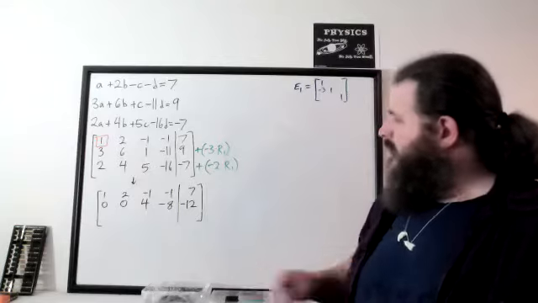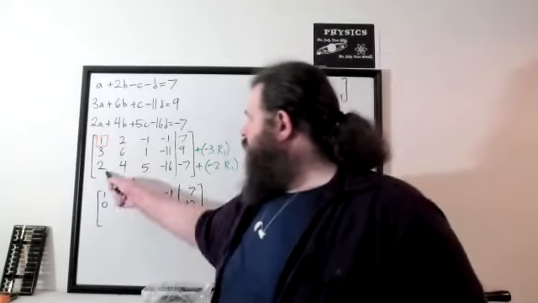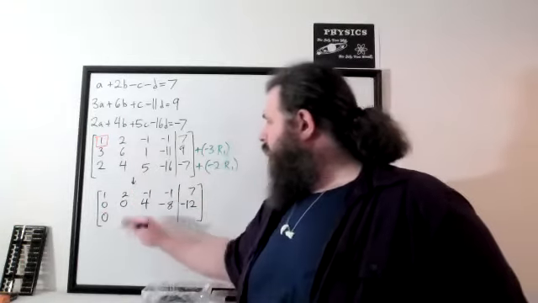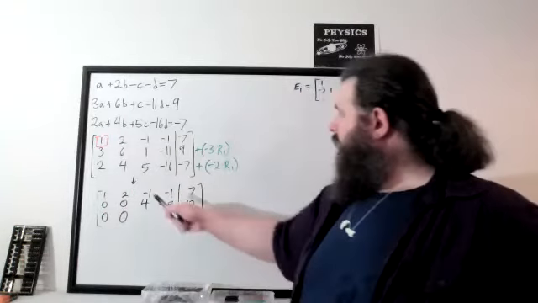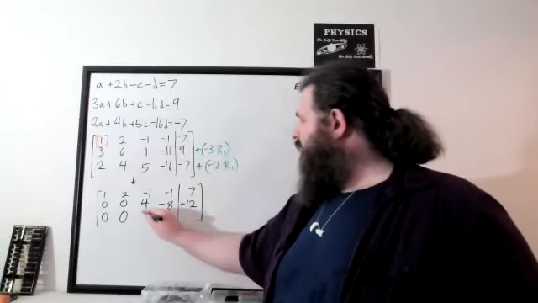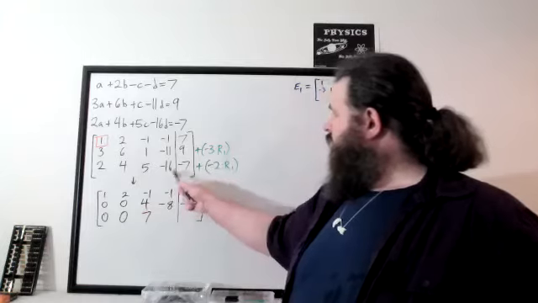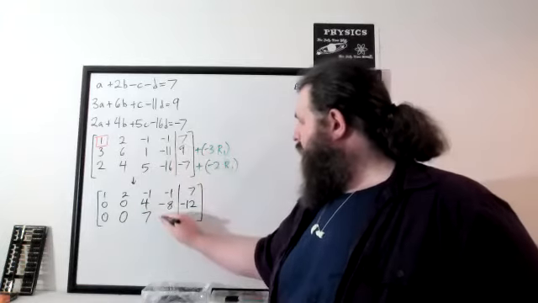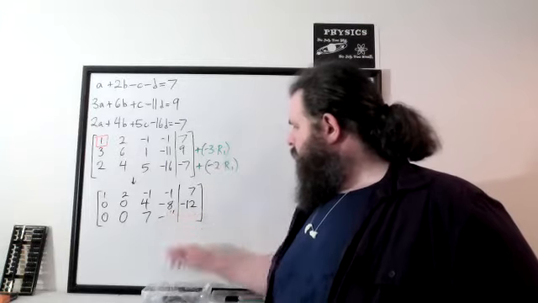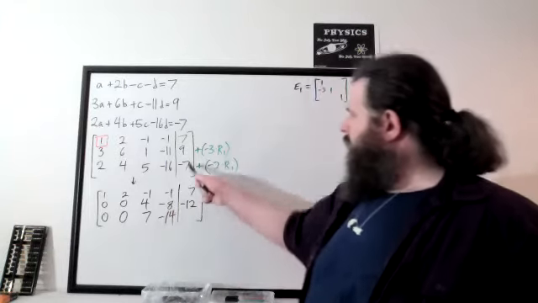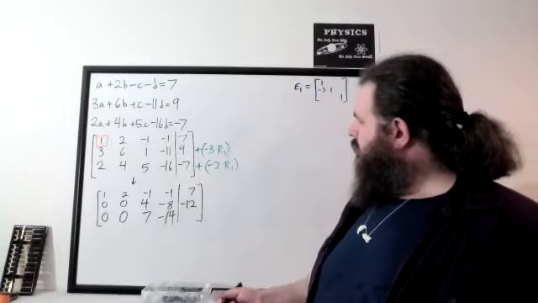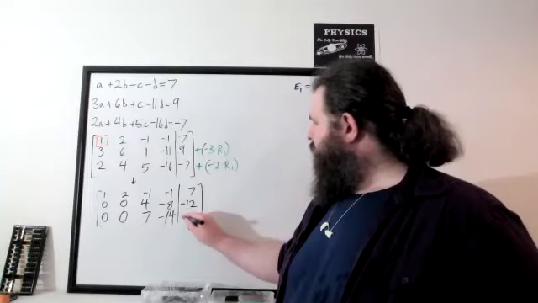So let's see what that becomes. 2 minus 2, 4 plus -2 times 2, that's 4 minus 4. 5 plus -2 times -1, that's 5 plus 2, so that's 7. -16 plus 2 is -14. And -7 minus 14 is -21.